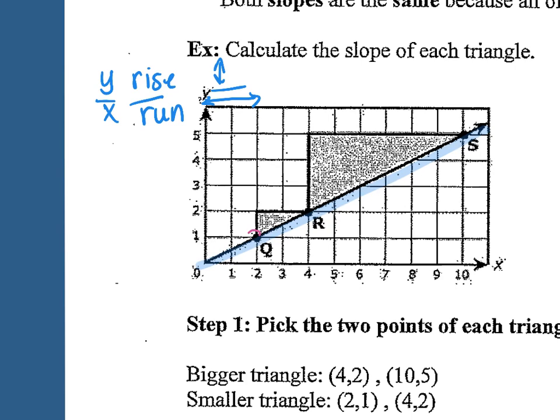I'm going to look at my smaller triangle, and I want to see what my slope is from point to point. So from Q to R, I'm going to go up 1. So I rise 1, so that's my vertical change. And I run to the next point over 2. So our slope for our small triangle is 1 over 2.